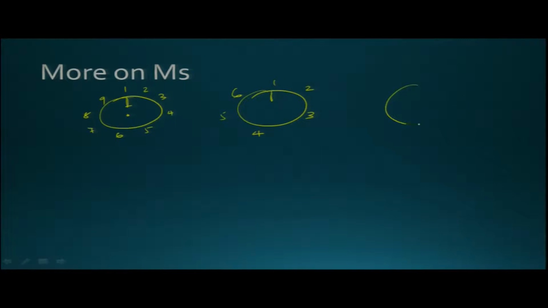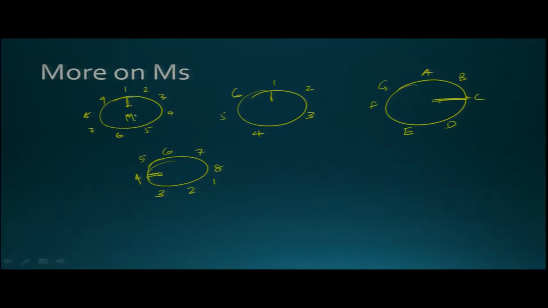Another dial might be A, B, C, D, E, F, G. Another dial will be again somewhere here, 4, 5, 6, 7, 8, 1, 2, 3. So, this can be the man, this can be the machine, this can be the methods, this can be like Mother Nature, all these kinds of things.